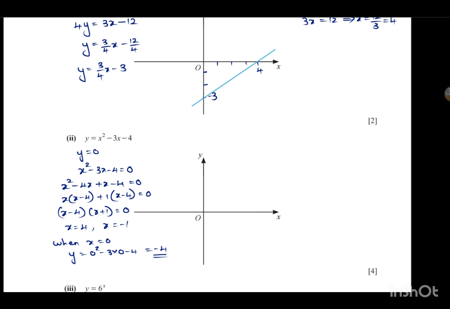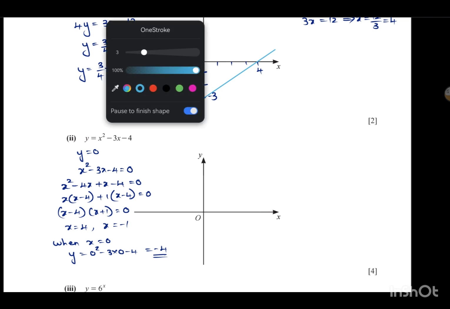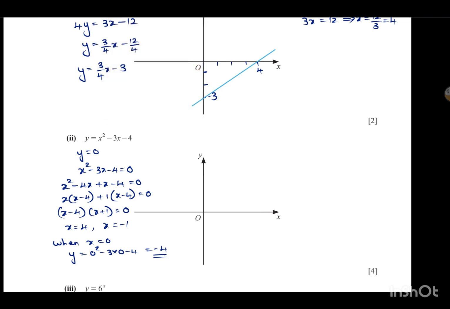Now it is a quadratic equation and the coefficient of x square is positive, so it will be a U-shaped curve. First let me mark the x-intercepts here, x minus 1 and 4, and the y-intercept will be 1, 2, 3, 4. The x-intercepts are only minus 1 and 4.